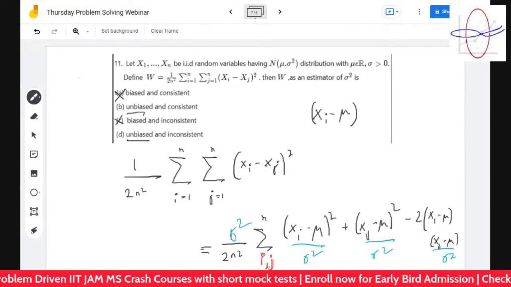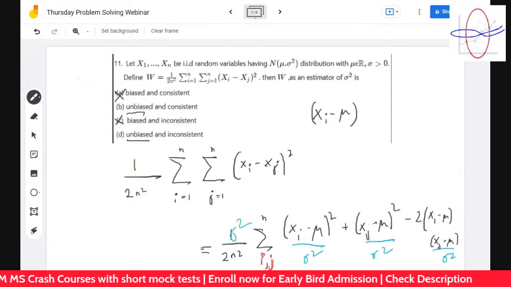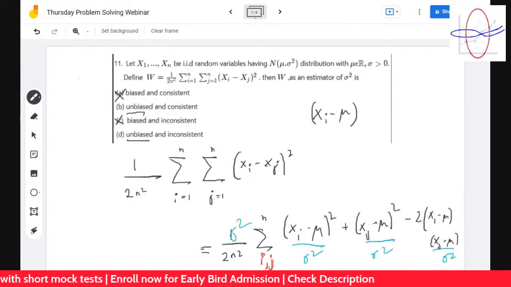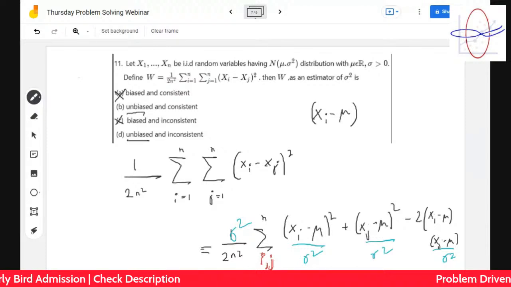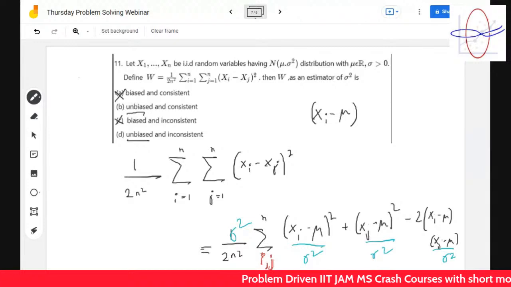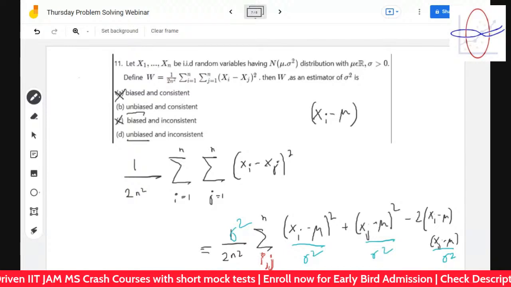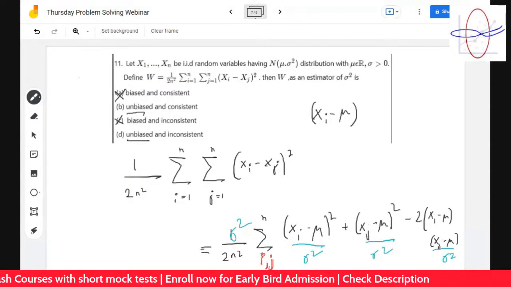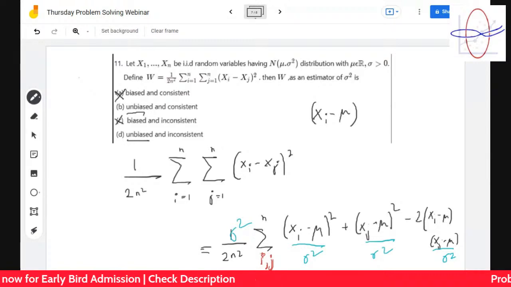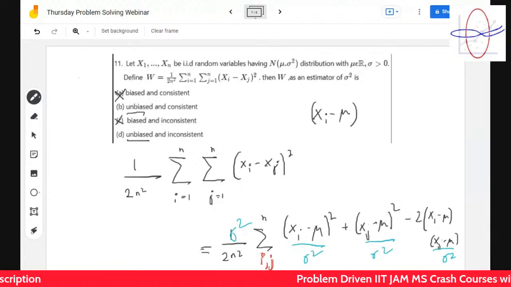Did you get it, guys? It's unbiased. Did you get the proof it's unbiased? All of you understood that? Statistics is all about probability. I'm repeating again, so make sure probability basics are good.